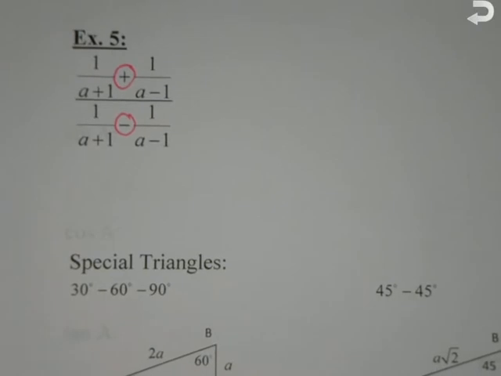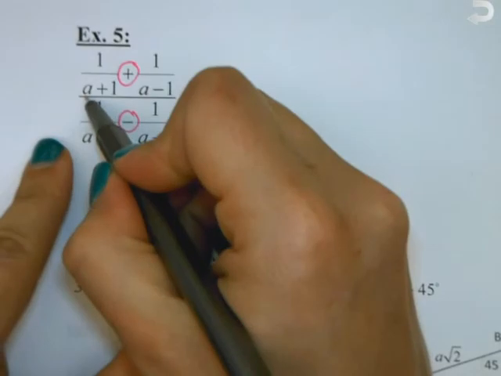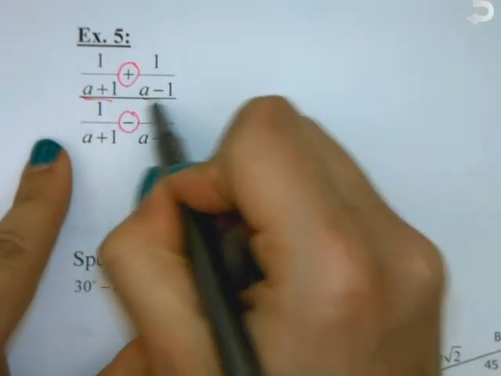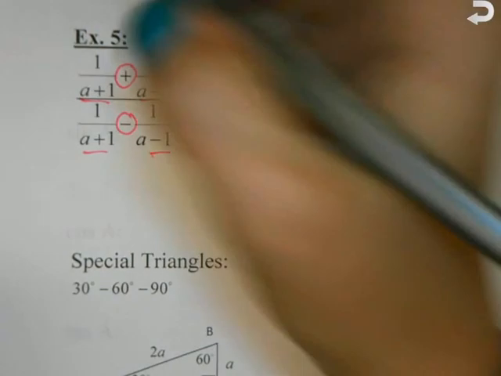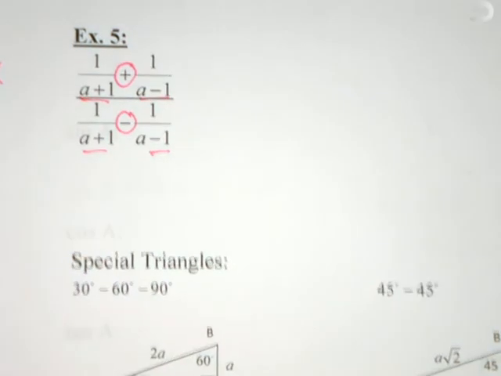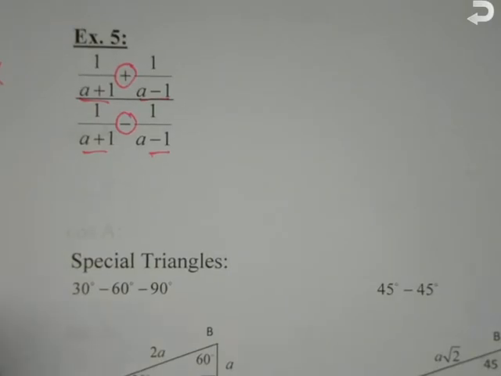It's like saying 2 plus 4 over 2 minus 4. They're not the same thing. So we need to get rid of those denominators. In the denominator, I have an a plus 1, and I have a minus 1. So what is my least common multiple going to be? a plus 1, a minus 1.